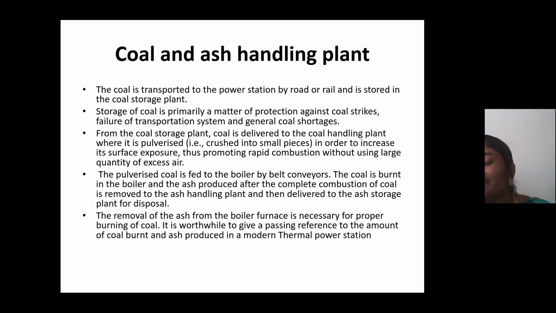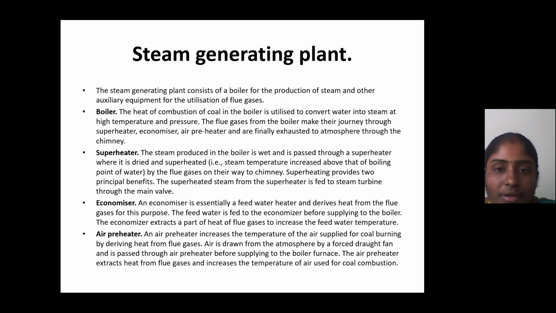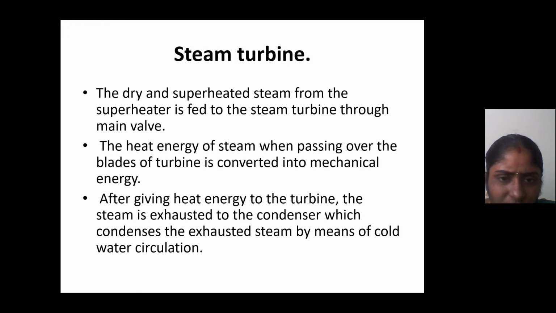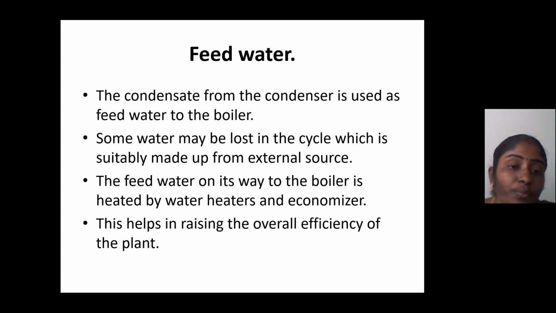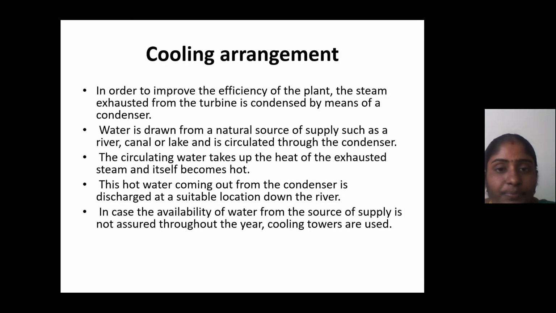The turbine starts rotating, and the steam out from the turbine is given to the condenser. Here again, the steam is converted into water. The process gets repeated. This is the steam generating plant, and we studied the steam turbine. Finally, it reaches the alternator and the output is received.